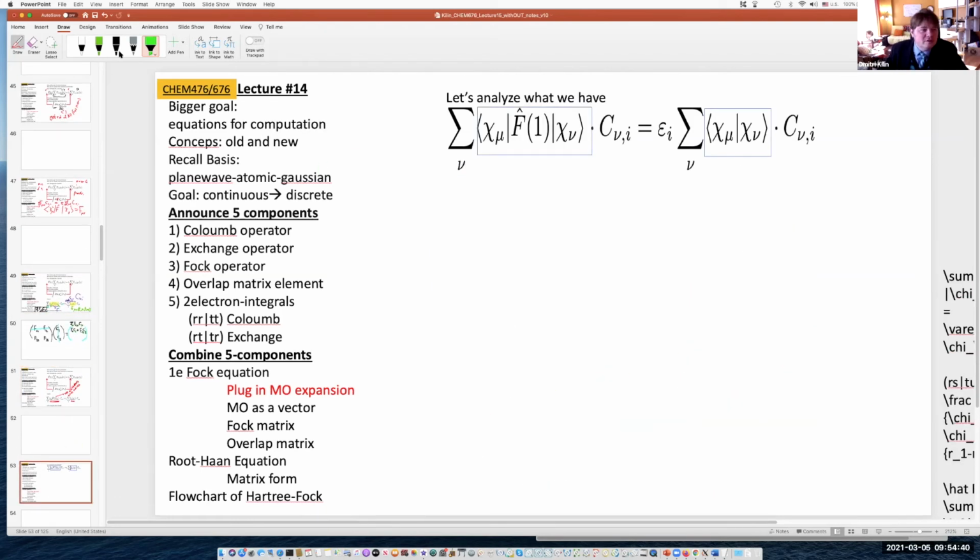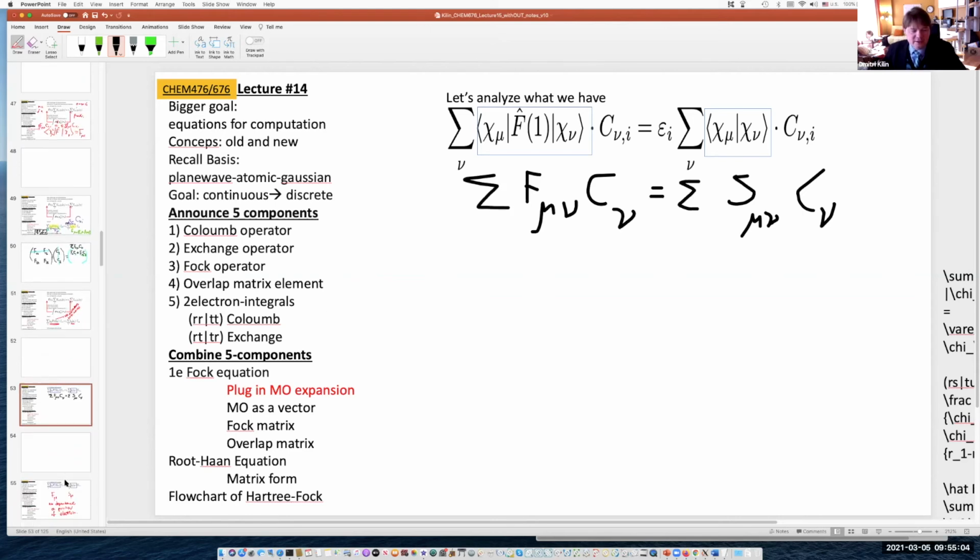Matrix by vector: F mu nu times C nu, S mu nu C nu, equals summation.